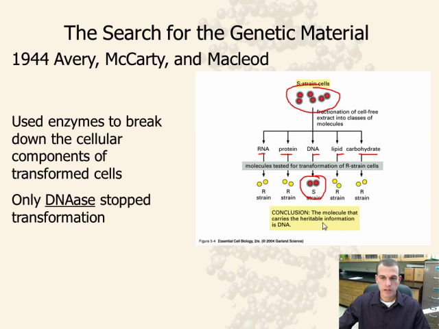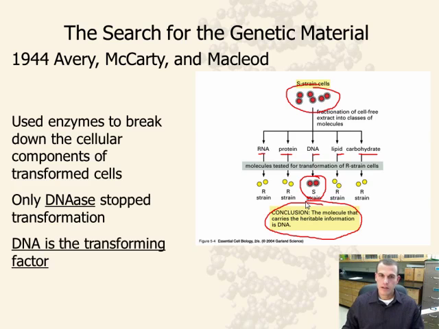So the conclusion, as you can see in a nice yellow box for you, is that the molecule that carries the hereditary information was definitely the DNA. So Avery, McCarty, and McLeod basically reinforced the idea of what Griffith talked about in transformation, but they also proved that DNA is actually the transferring information.